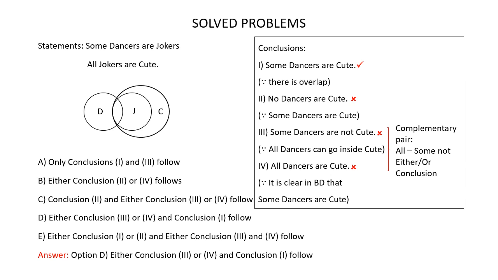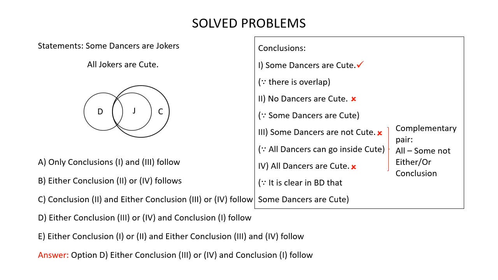Conclusion 3 is of the type some not. Conclusion 4 is of the type all. So clearly conclusion 3 and conclusion 4 are a complementary pair of the type all, some not. Also note that here the subject and the predicate are in the same order in both the conclusions.